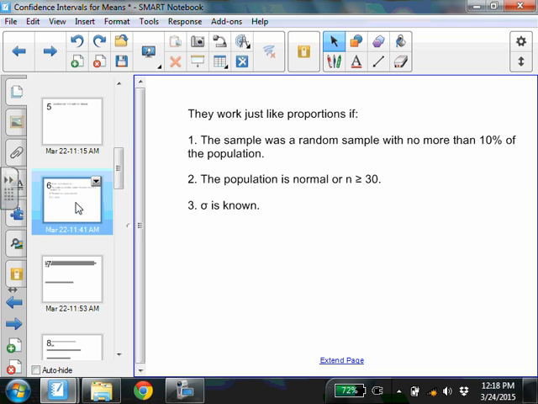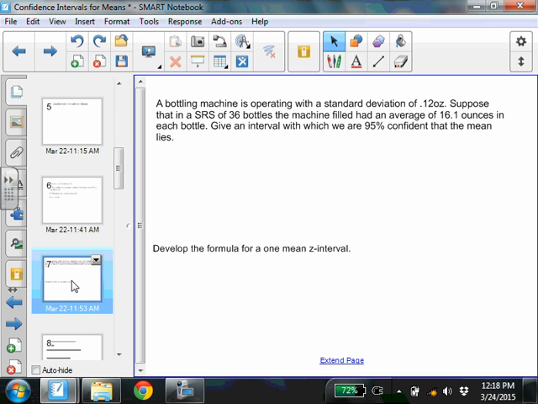Okay, so when we start talking about a sample mean and trying to come up with a confidence interval, here's an example we can use. It says a bottling machine is operating with a standard deviation of 0.12 ounces, so 12 hundredths of an ounce.